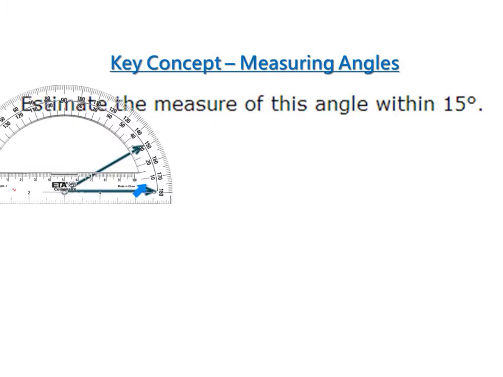And when I go from here to here along the 0, so that's the inside numbers, 10, 20, 30. So the answer to this, the measurement of the angle within 15 degrees, could be anything between 15 and 45 degrees, but if you use the protractor, you're going to get a much more exact number.